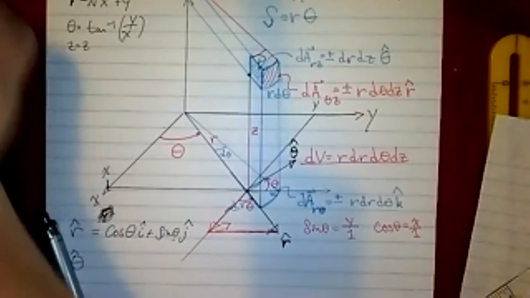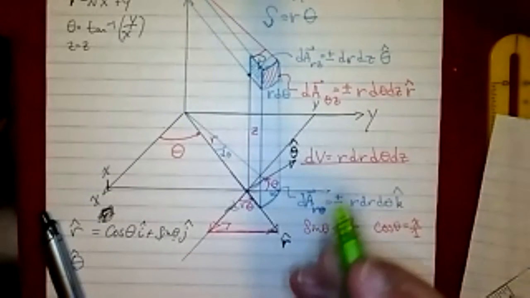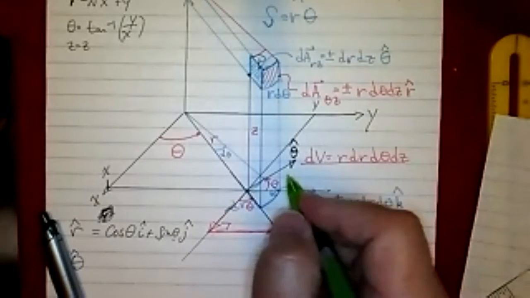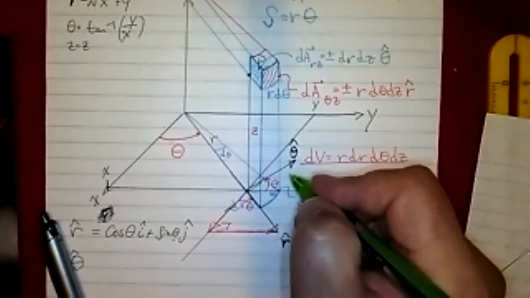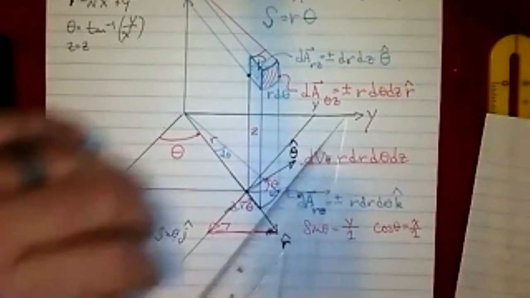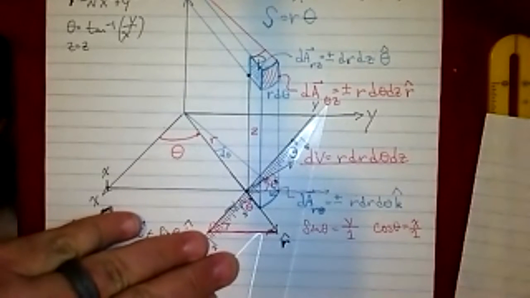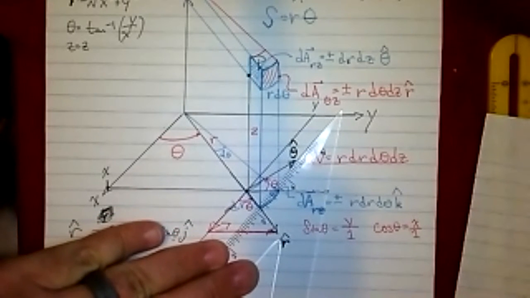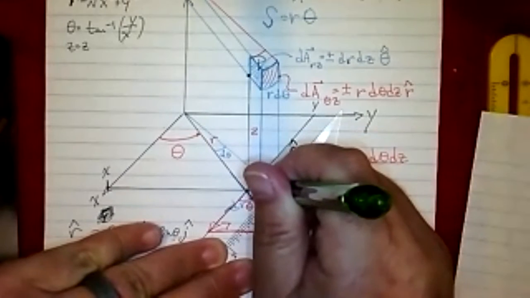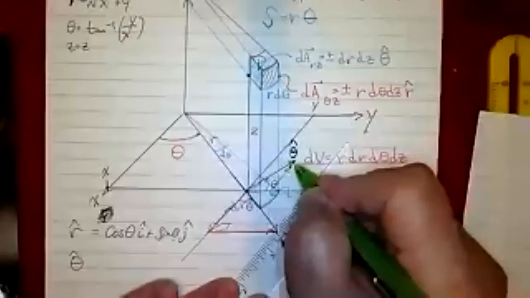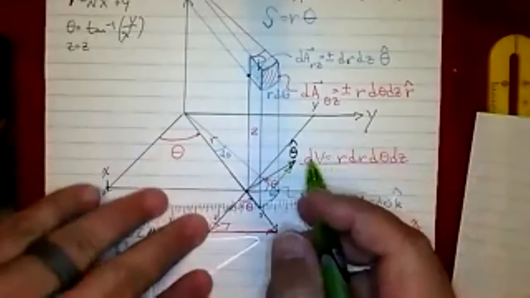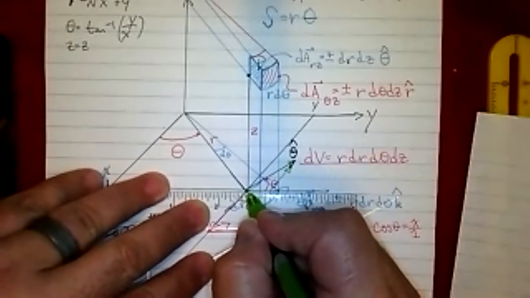So I can actually get the x and y components, if you will, of theta hat. So the y component of theta hat is going to be parallel to the y-axis. So I draw it just like this. And that's the actual x component right there. And then the y component will be right here.